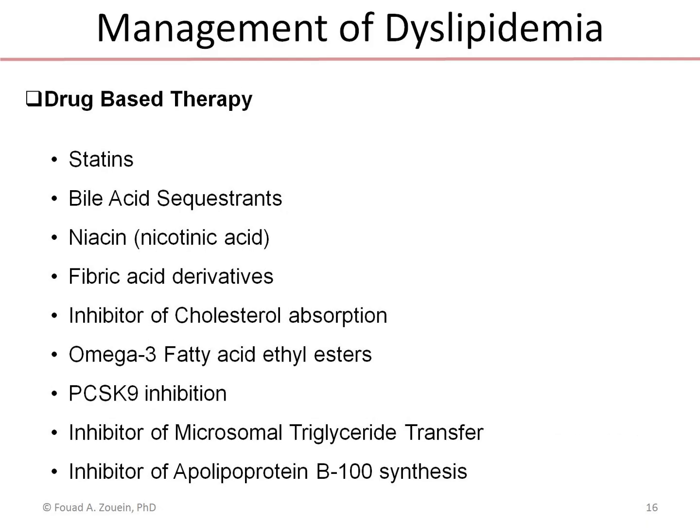Now, if the patient is at intermediate or high risk of ASCVD development, or the patient is already clinically diagnosed with ASCVD, we must put the patient on a drug-based therapy for two reasons. First, if the patient is at intermediate or high risk, we have to make sure that we bring the risk back to borderline and low level to prevent any ASCVD development.